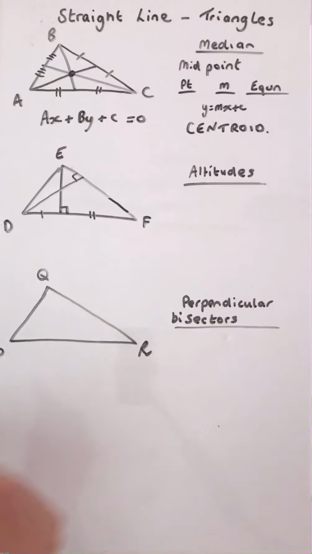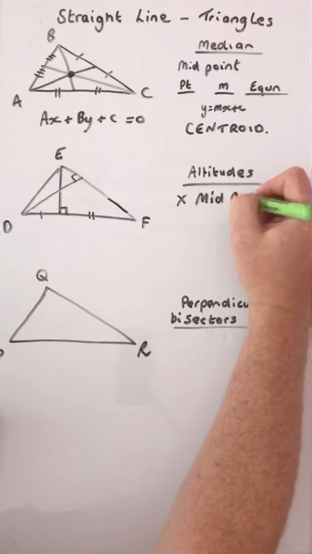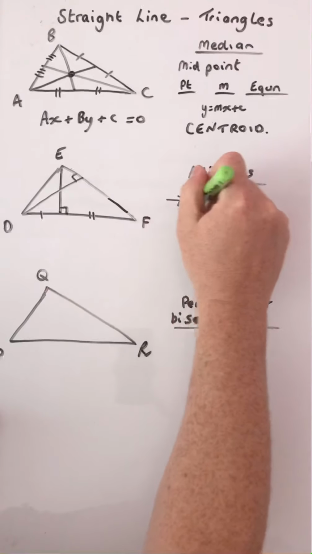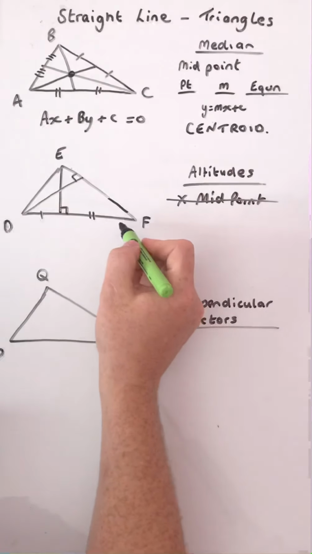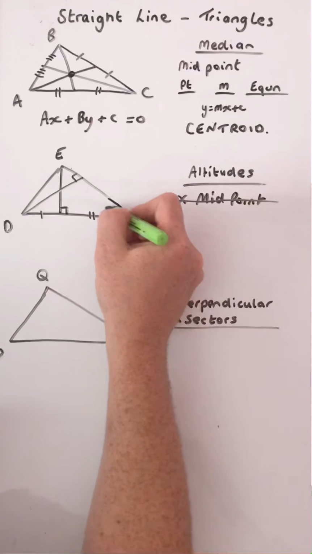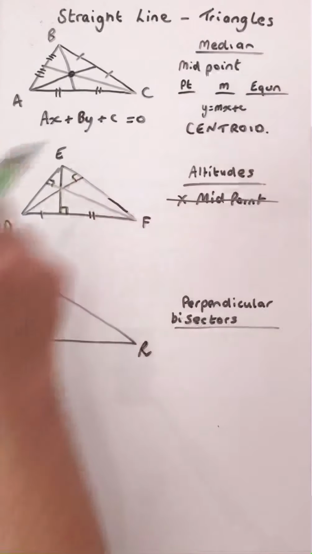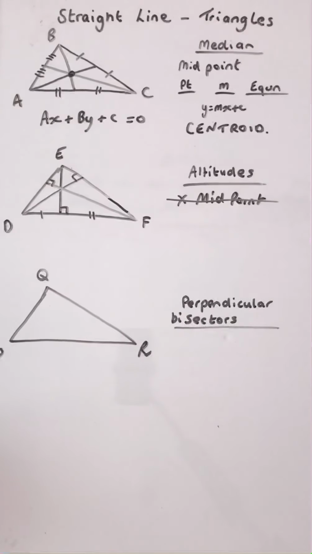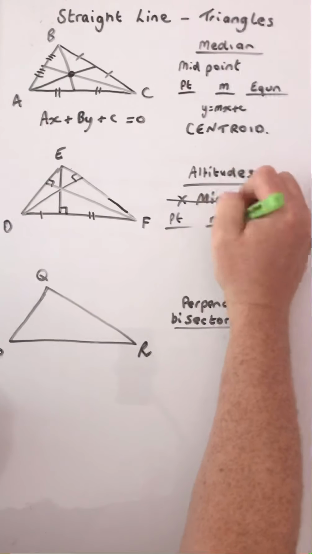So it's definitely not a midpoint, we'll just score that out. And the altitude from F meets DE at 90 degrees. So again, you will have your structure.